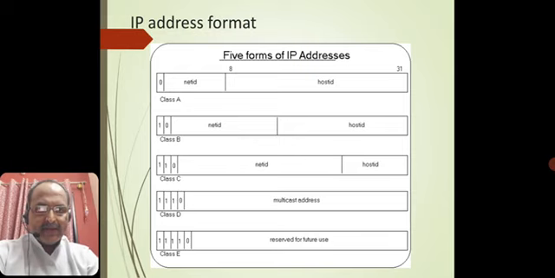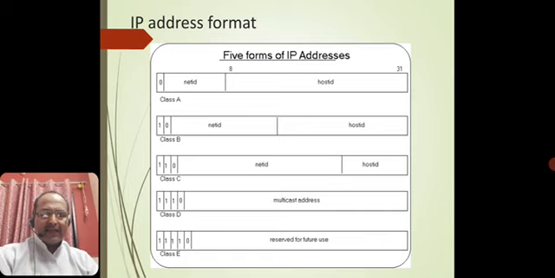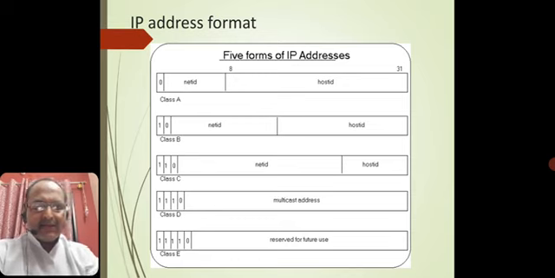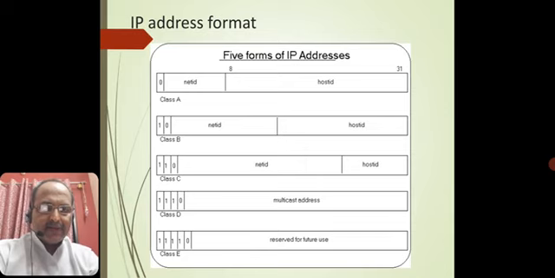In class E, 1111 is reserved for future use. But most commonly we always engage with either class A, class B or class C. Class D and class E are reserved for multicast and future usage, used in rare cases, right?